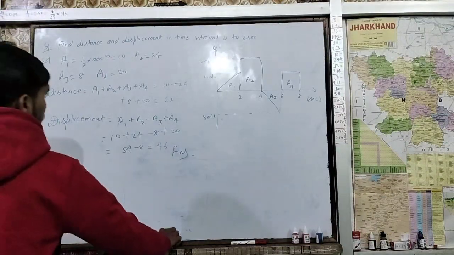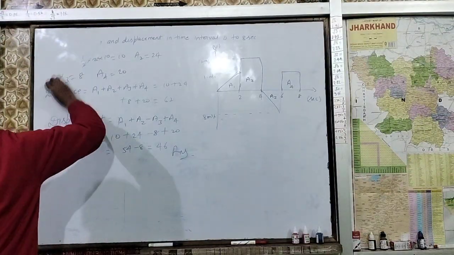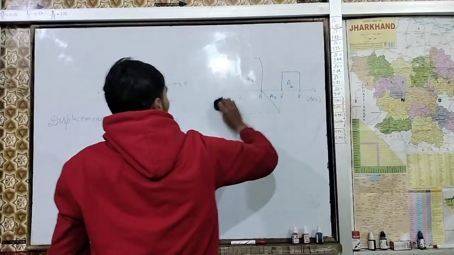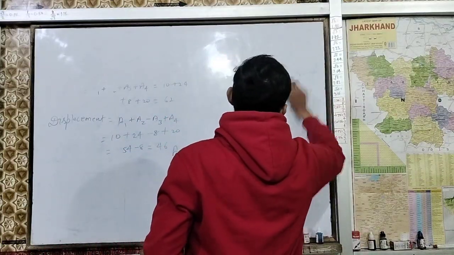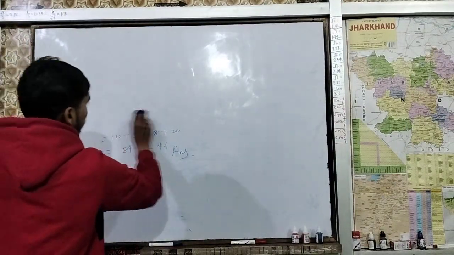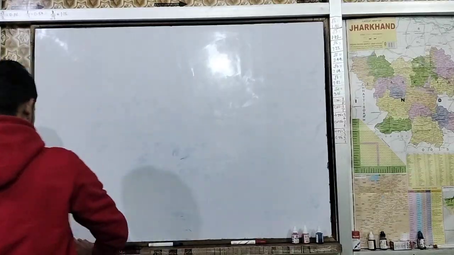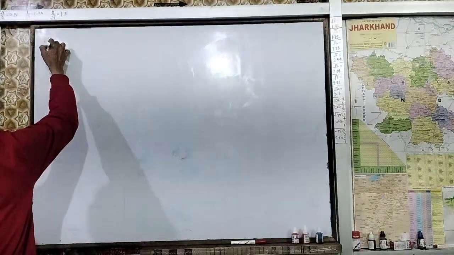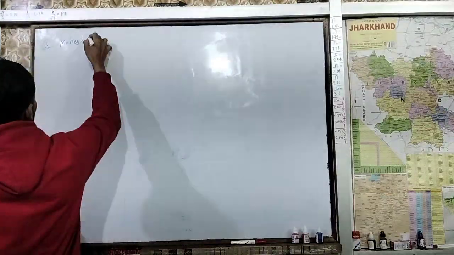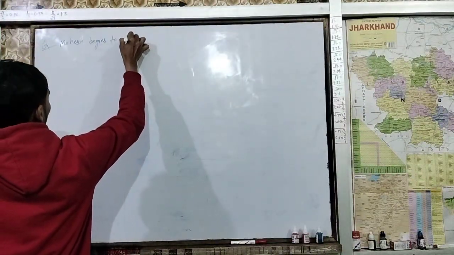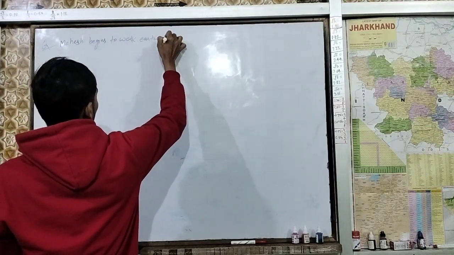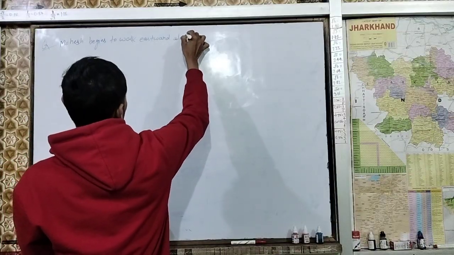Now the next question. Mahesh begins to walk eastward along a straight line.